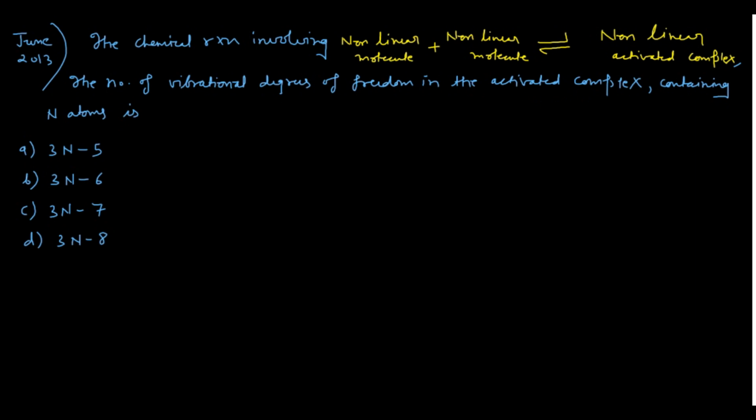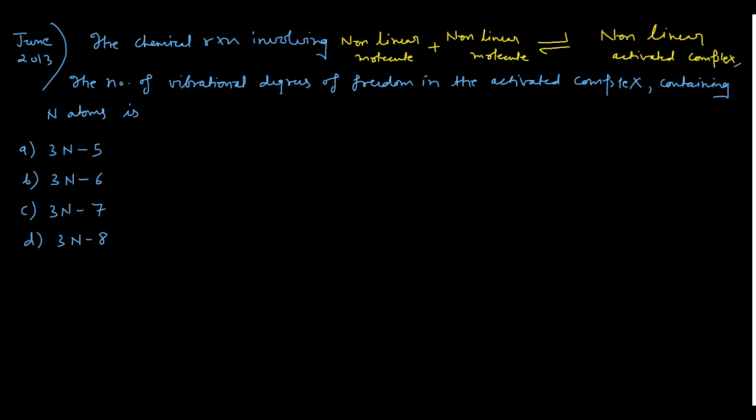But I am telling you, if you learn the transition state theory, it clearly states that whenever such a reaction is happening, where a non-linear and a non-linear molecule combine to give a non-linear activated complex, one of the vibrational degrees of freedom is converted into a translational degree of freedom, right?